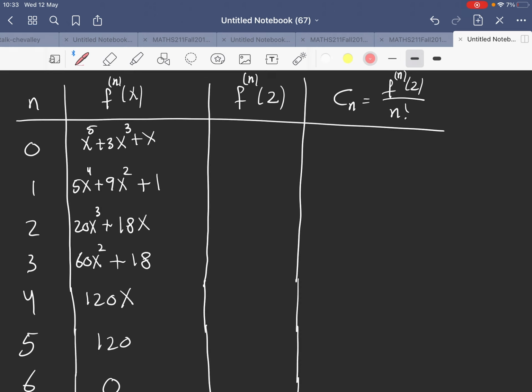Now, if we substitute the 2 up here, what we will get is 2 to the power of 5 plus 2 to the power of 3 plus 2. This will give me 58. The next one will be 5 times 2 to the power of 4 plus 9 times 2 to the power of 2 plus 1.